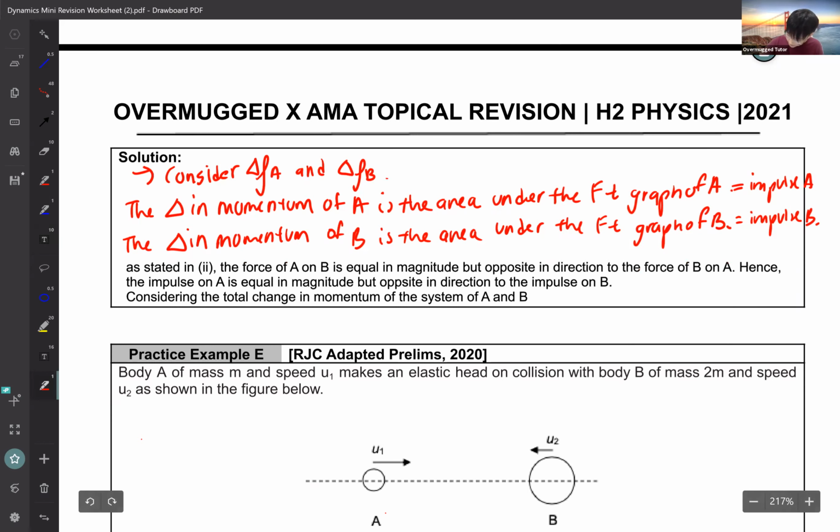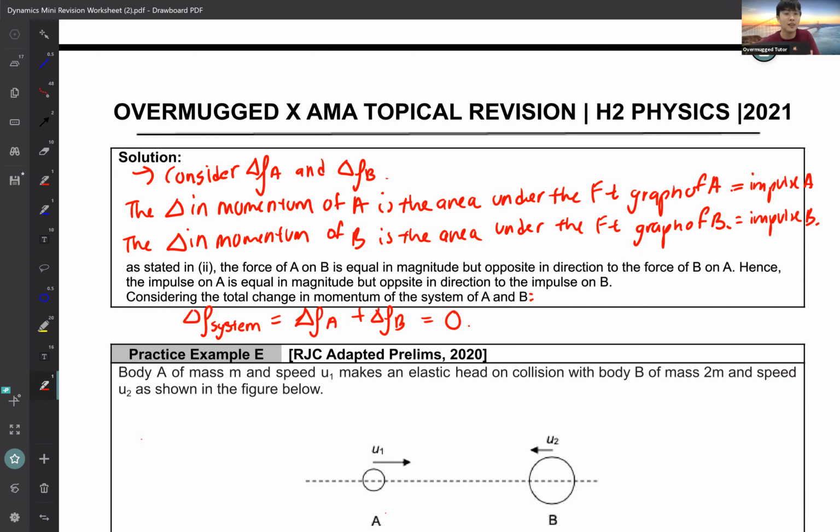Change in momentum of system equals change in momentum of A plus change in momentum of B equals 0. I hope it's clear it's 0 because both of them have the same magnitude but in the opposite direction. So you can see the change in momentum, when you add up both of them, they cancel out to become 0.